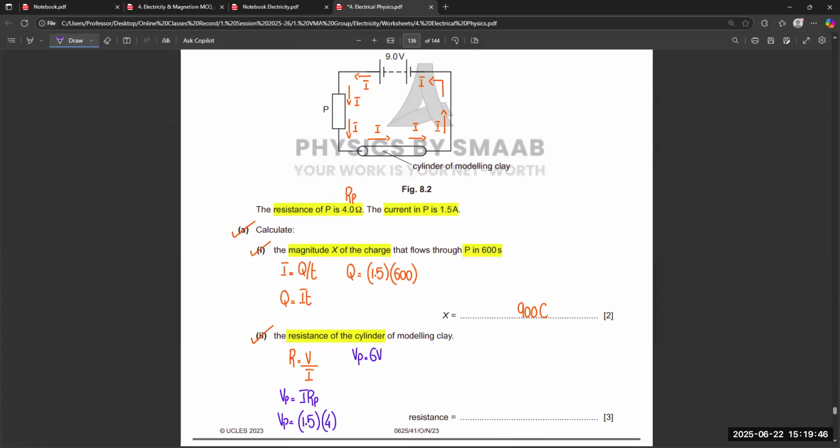So in this circuit, the component P consumes 6 volt out of 9.